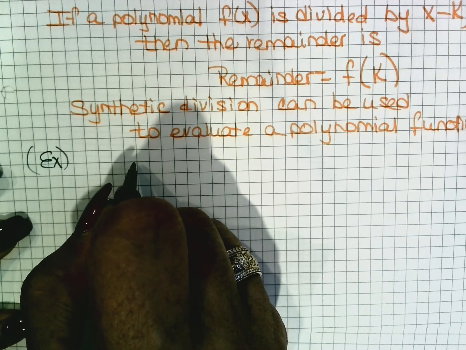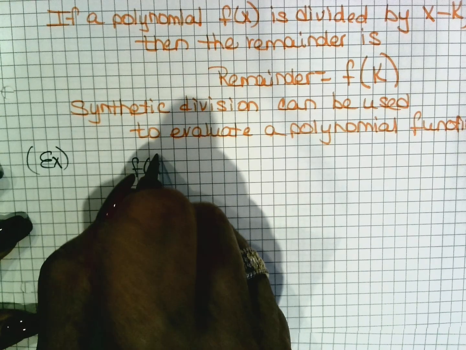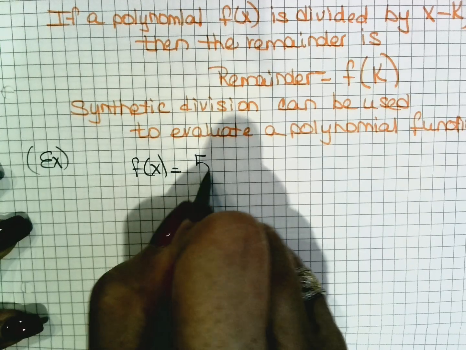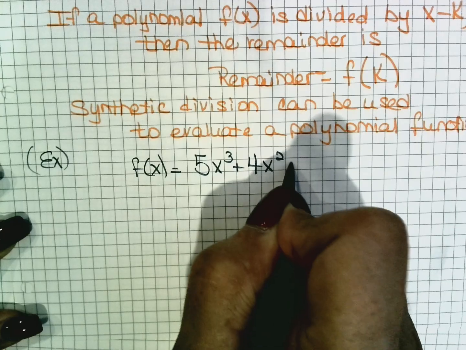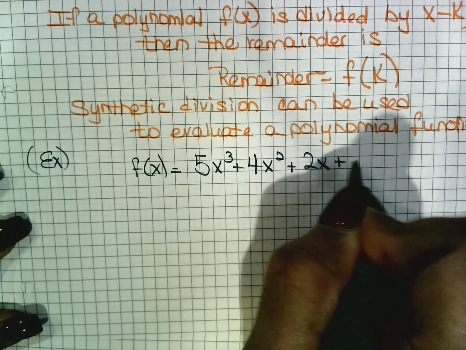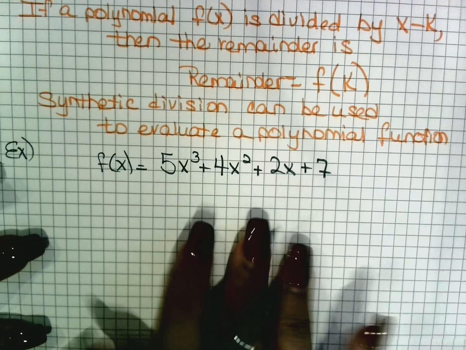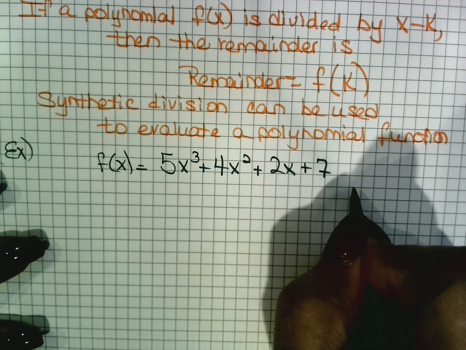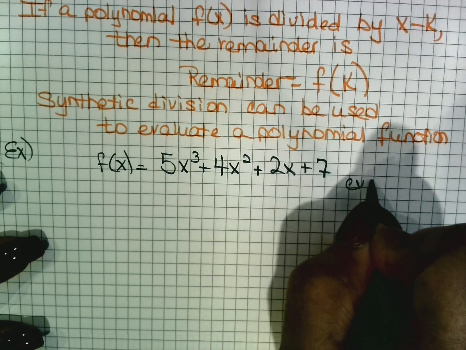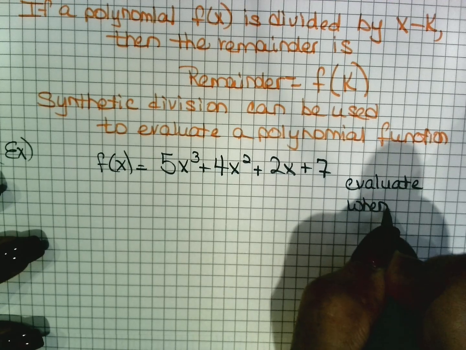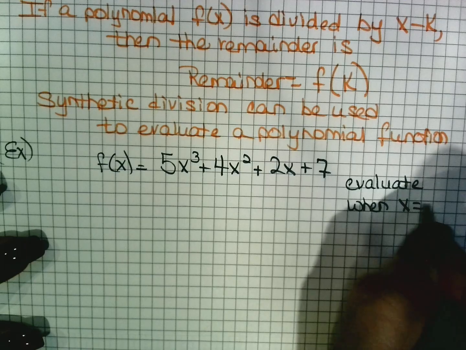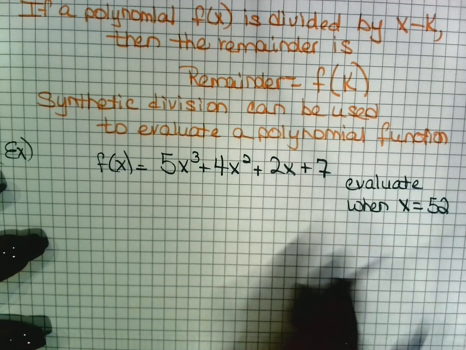Let's say f of x equals 5x to the third plus 4x squared plus 2x plus 7, and I want you to evaluate when x equals, I don't know, 52.